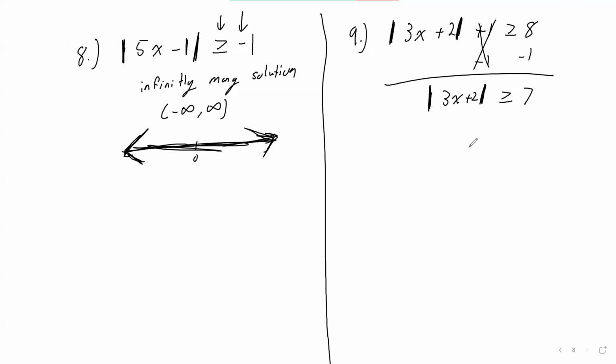Right. Because it's a greater than, this is an or situation. So this is going to become 3x plus 2 greater than or equal to 7, or 3x plus 2 is less than or equal to, because you flip the inequality sign and change the sign of your number, negative 7.